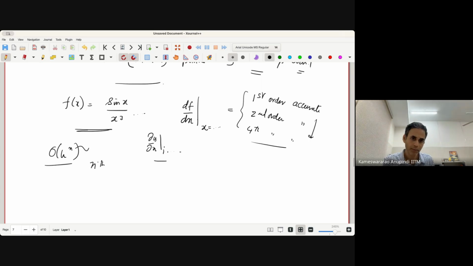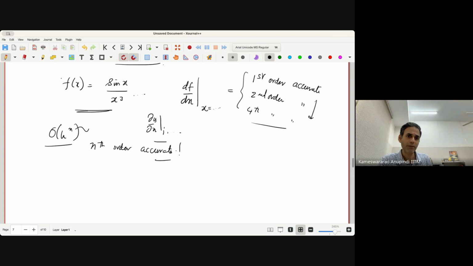But that is from theory, from looking at the equation. How do you prove that it is nth order accurate numerically? For that, you take a simple function f of x for which the analytical derivative exists. That means you can calculate f prime of x. You can apply the UV formula and then calculate this derivative analytically.